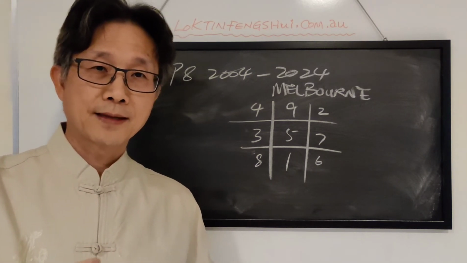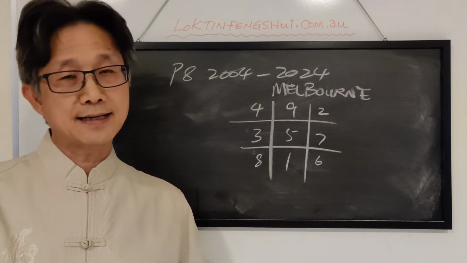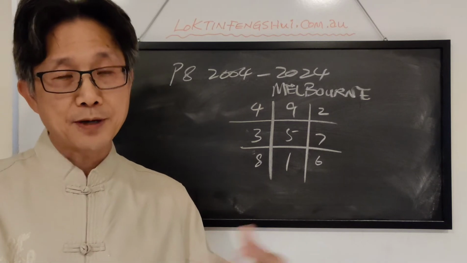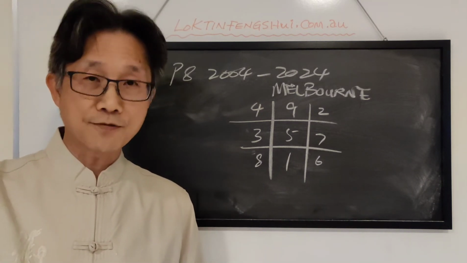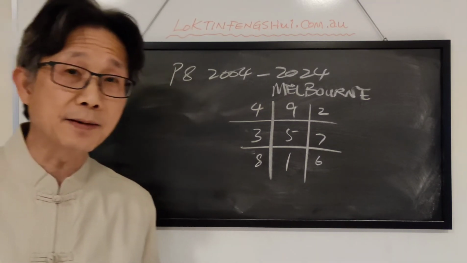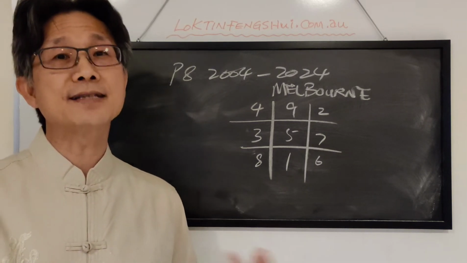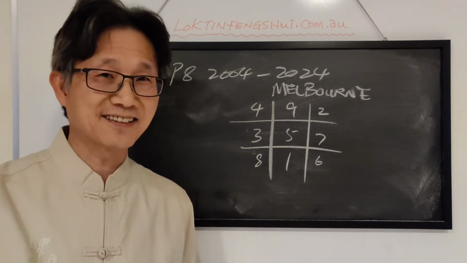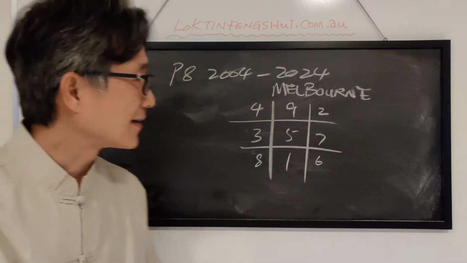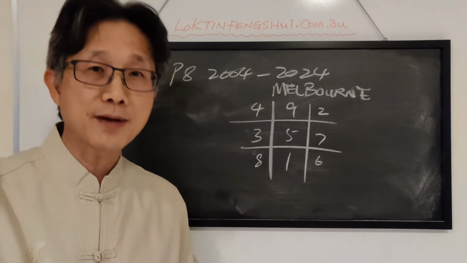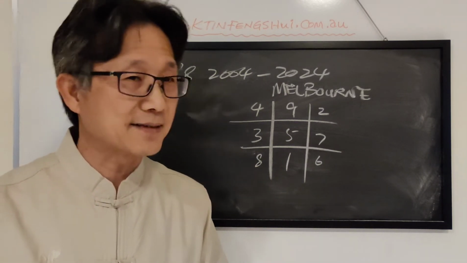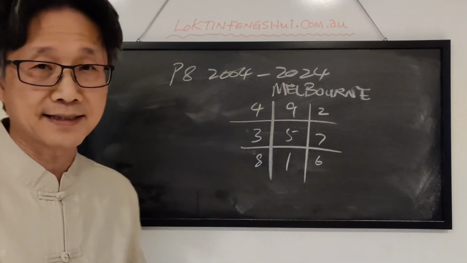The building construction industry is booming, and people move from interstate and overseas to Melbourne. It's actually more than people move to Sydney. If you look at some statistics, they will tell you that people come to Melbourne more than go to Sydney in period 8.